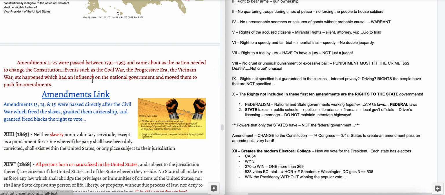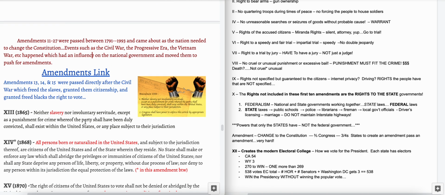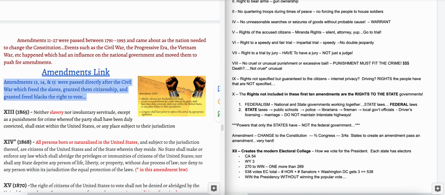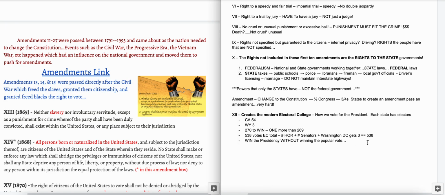Now, Amendments 13, 14, and 15, we call them the Civil War Amendments because they were passed just after the Civil War.